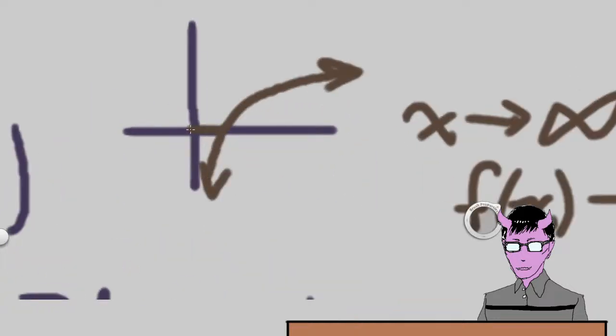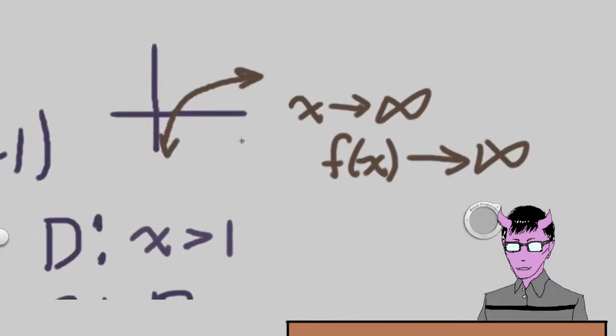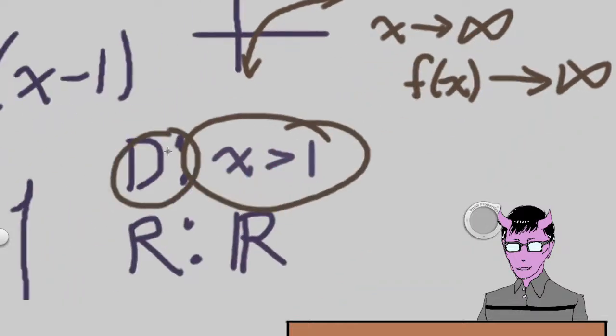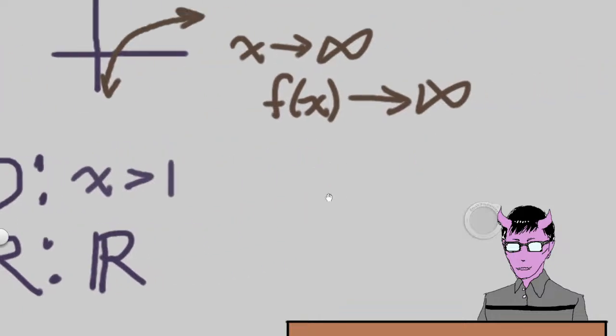And of course, if we pick in the other direction, as we pick smaller and smaller x values, well, there are certain restrictions for what x values we can pick. According to our prior statement about domain, whatever x values we choose have to be greater than 1. So we can't pick 1, but we can pick values close to 1.